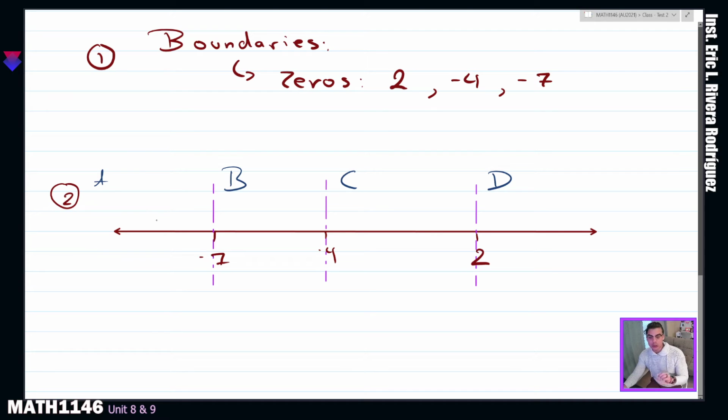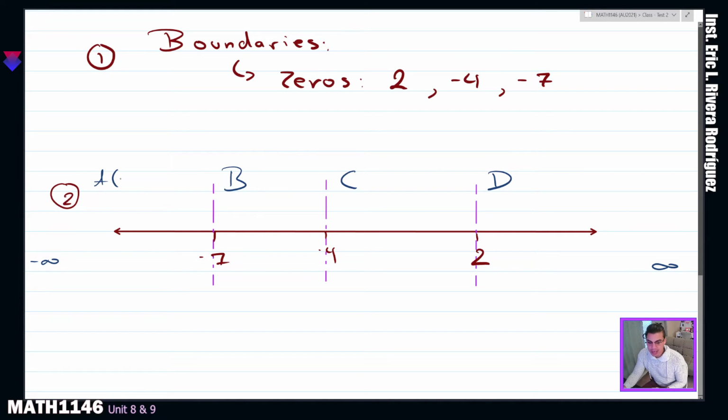Another thing that I'm going to do, I'm going to identify the interval that represents each region, or the section of all real numbers of each region. What I'm saying is that we know that this number line goes from -infinity to +infinity, right?